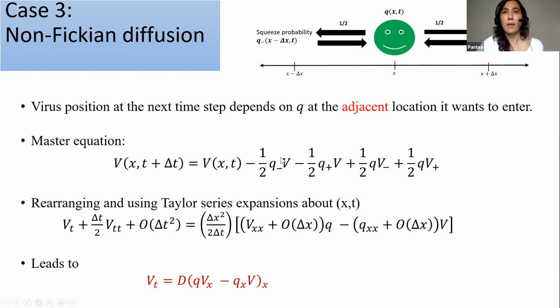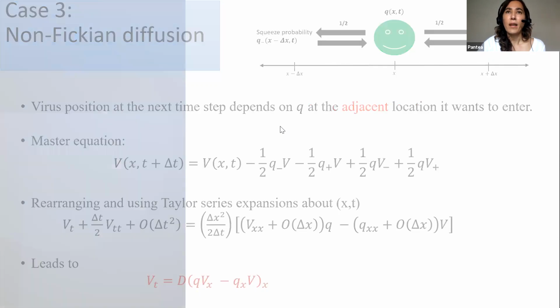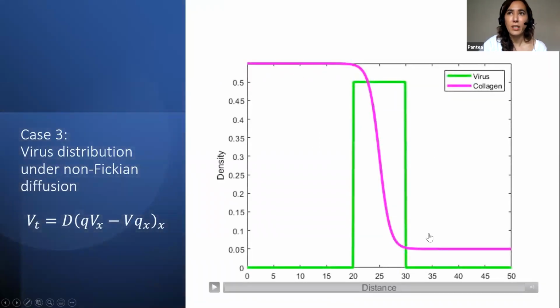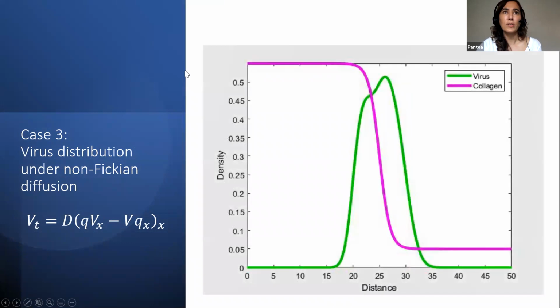So the master equation this time for the viruses that are leaving position X, their motion into the adjacent position depends on the squeeze probability in the positions they're trying to enter, and for the ones that are trying to come into position X, their squeeze probability depends on the squeeze probability at position X. If we again rearrange and use a Taylor series expansion, we end up with a diffusion term that looks like this. And I actually forgot to mention that for these simulations, we have no flux boundary conditions.